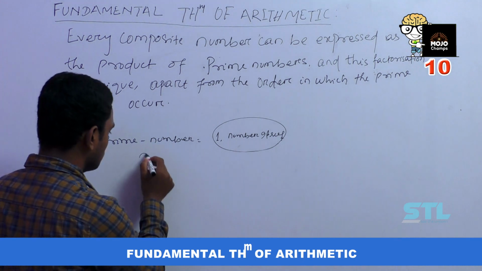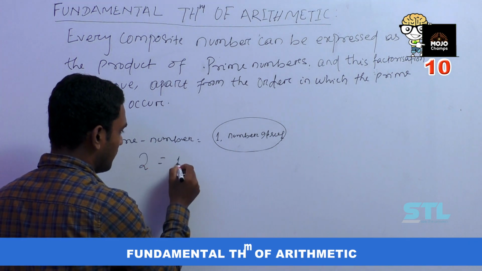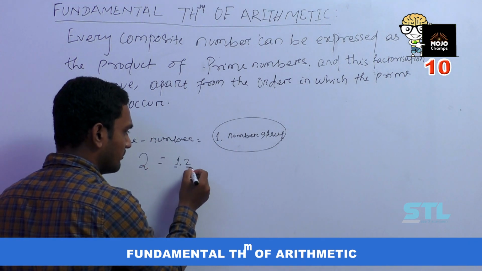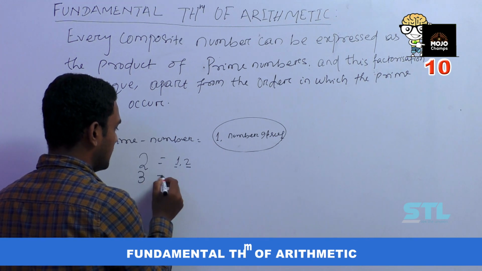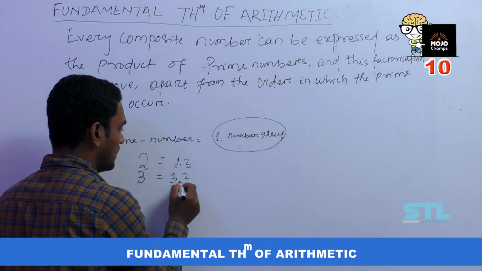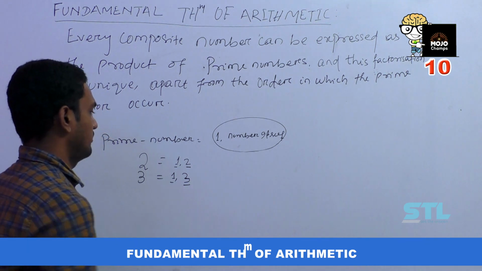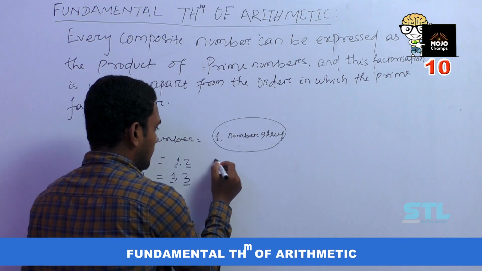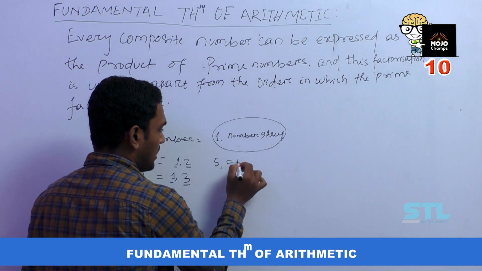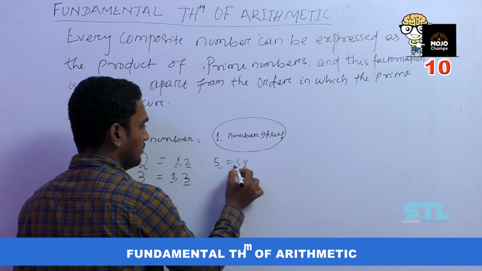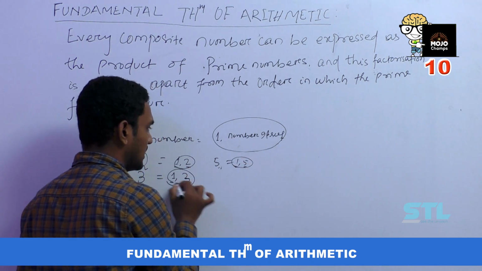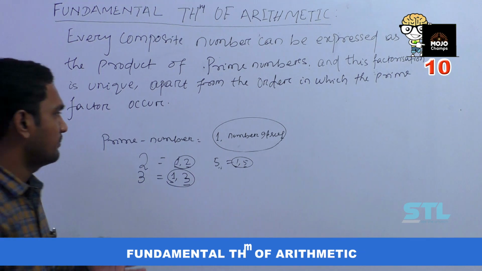Suppose I take 2. 2 can be divided by 1 and 2, that is 1 and the number itself. 3 can be divided by 1 and 3 itself. 5 can be divided by 1 and 5 itself, so only 2 factors come. So these are the prime numbers.